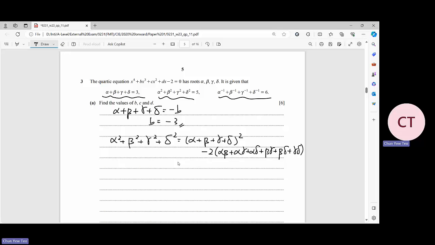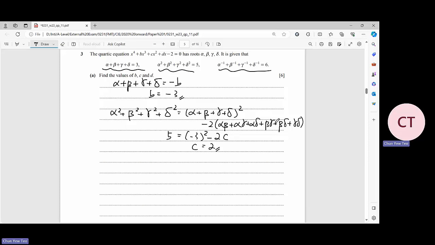Okay, so we have this relationship. So you can straight away write down 5 is equal to negative 3 squared minus 2c. So from here, we can get c as 2. Okay, so we have found the c as well.